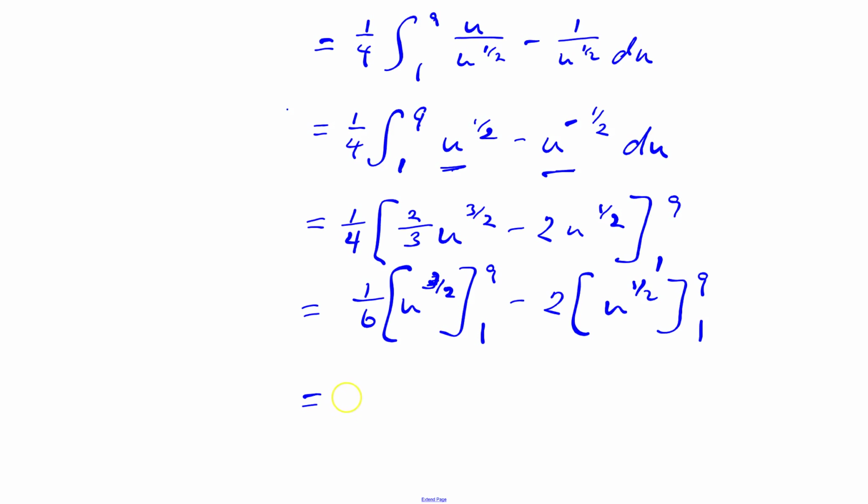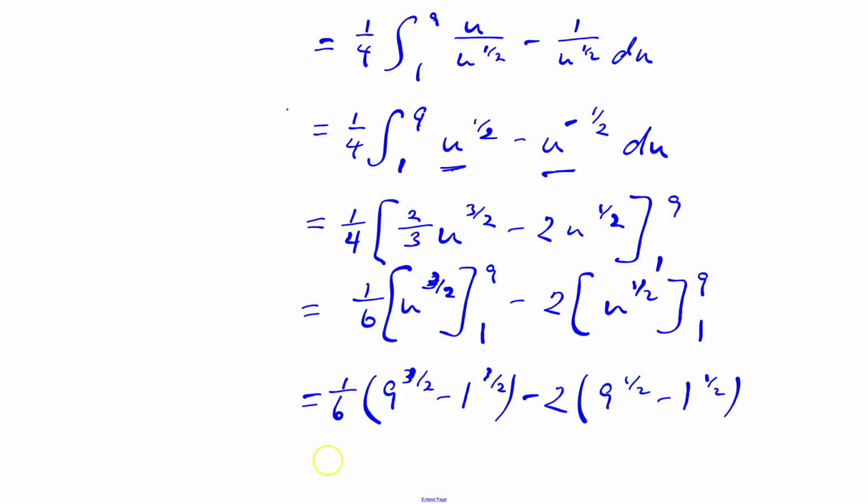But I'm going to write it out. Here we go. So 1/6, and the 9 goes in for u, so I have 9 to the 3/2 minus 1 to the 3/2. Of course, that will be 1, and then minus 2, and then here we've got 9 to the 1/2, that's square root of 9, minus 1 to the 1/2, which is 1, of course.